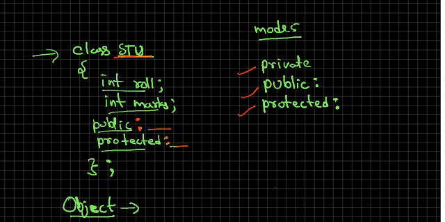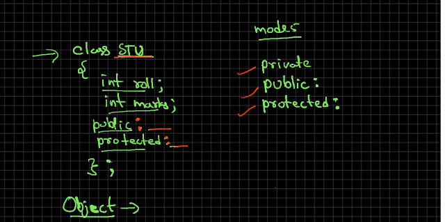For more details, I'll be doing a problem based on class, because it will take more than 10 to 15 minutes to explain a single problem. So I'll be doing it in the next video. So just understand that there are three modes in class: private, public, and protected.